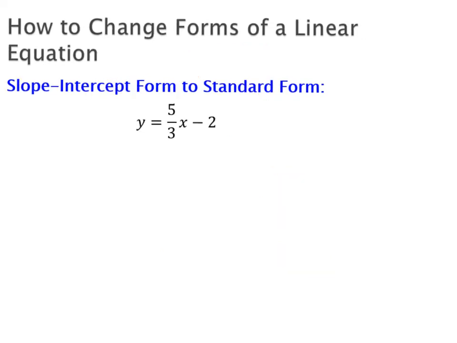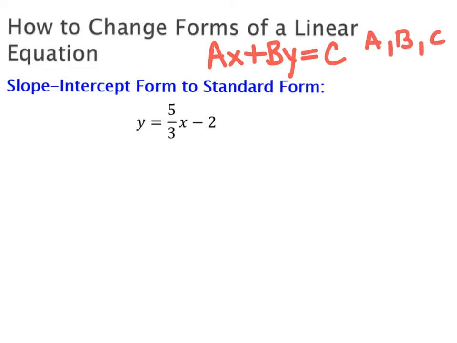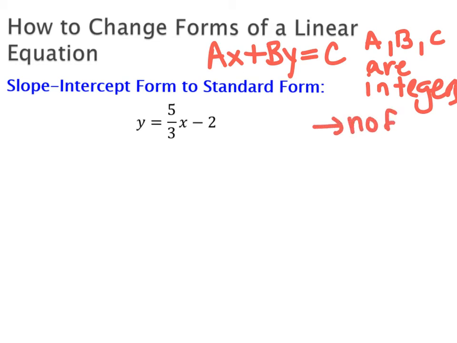In the next example, we're given an equation in slope-intercept form, and we want to change it into standard form, which is ax plus by equals c. And a, b, and c are integers, meaning that there should be no fractions. Okay, so first thing we want to do is we need to get x and y on the same side of the equation.